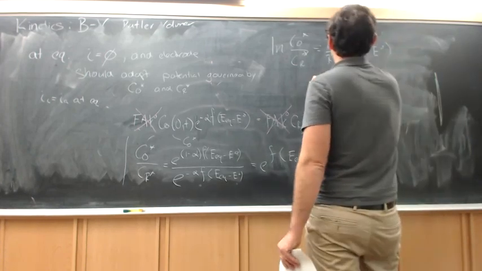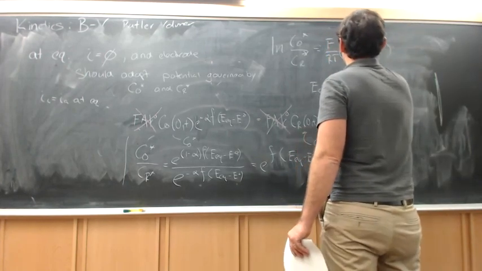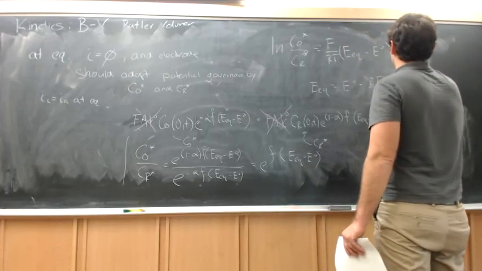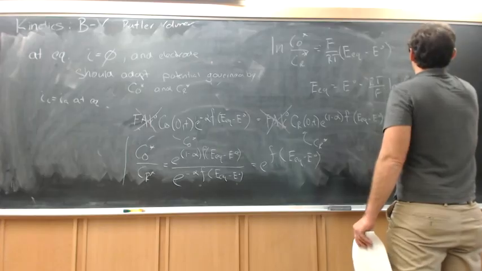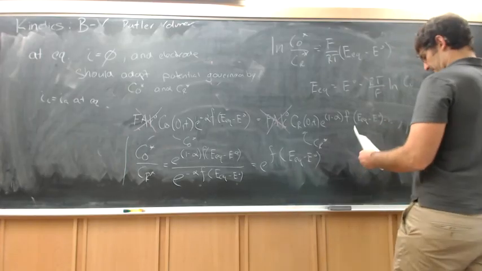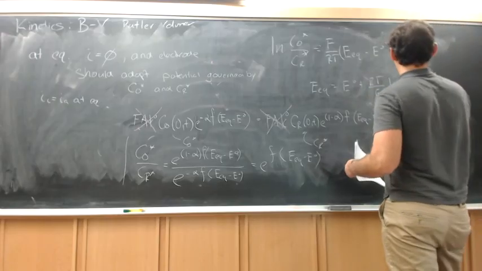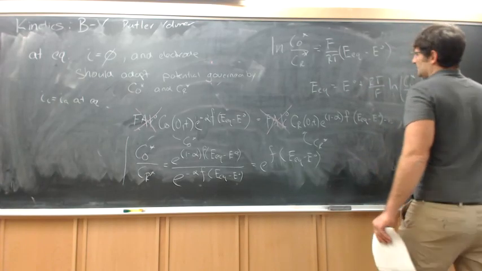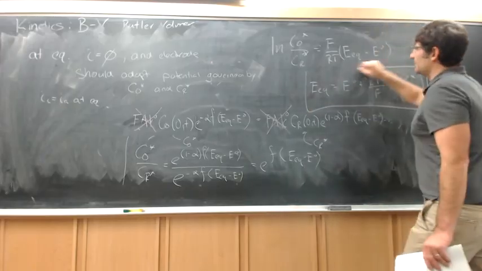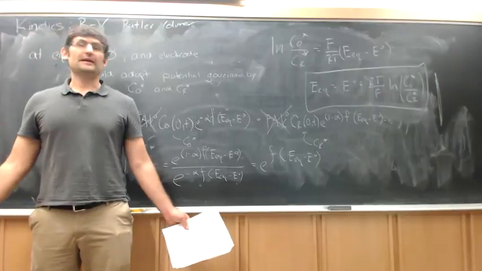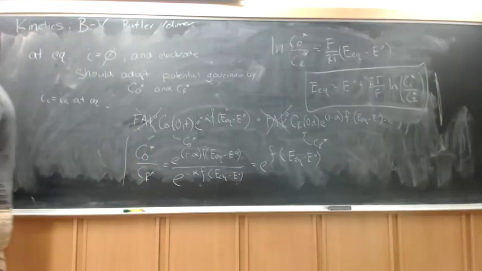I rearrange and I get E equilibrium equals E naught minus RT over F times ln of C_R star over C_O star, or plus ln C_O star over C_R star with the sign flipped. Okay, good. So our kinetic model at least converges to the thermodynamic definition based on free energies and reaction quotients that must govern the system in equilibrium.